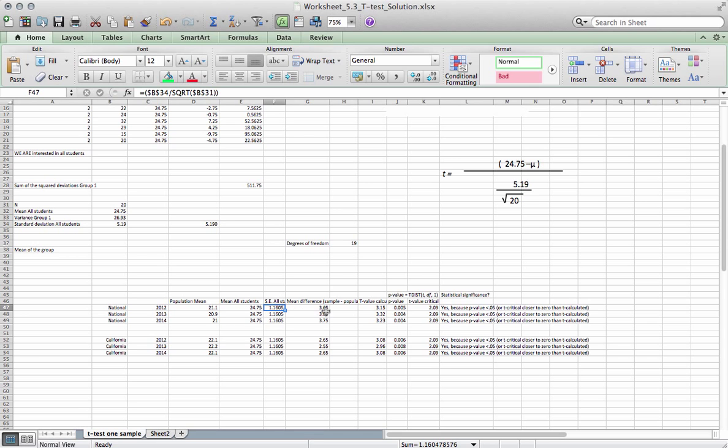And the mean difference is the mean of the sample minus the population, right? And then the t calculated is this whole formula here, so it's the mean difference between the sample and the population divided by the standard deviation right here divided by the square root of n right here. So that's how you get the calculated t-value.